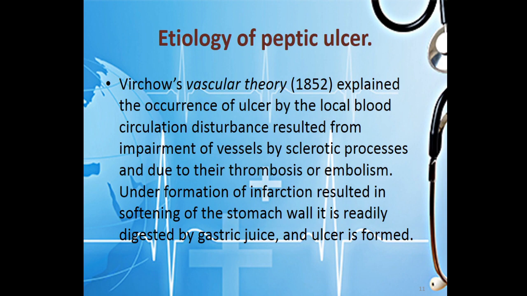After this comes ischemia, local ischemia, and a chronic ulcer appears. But we say that the blood supply of the stomach is very good, and very rarely can we find signs of local ischemia. So this theory does not work in the real world.